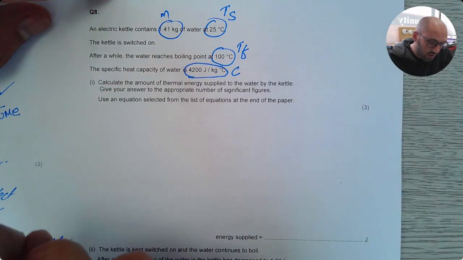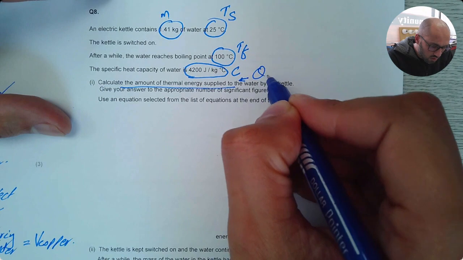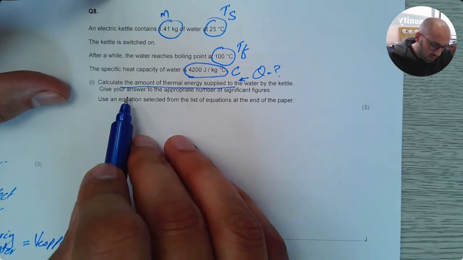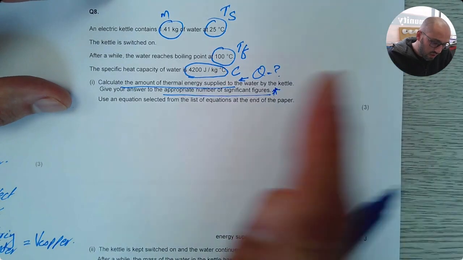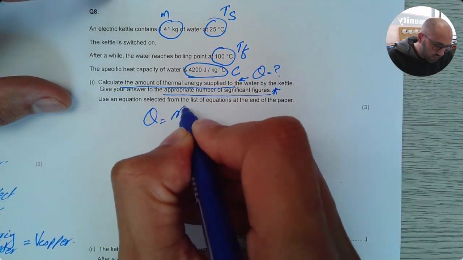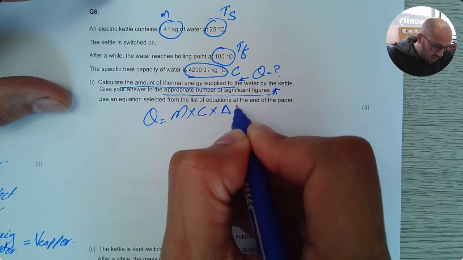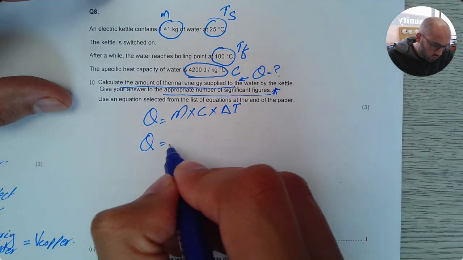Here it says calculate the amount of thermal energy supplied. This means Q is not known by the kettle. Give your answer to appropriate number of significant figures. You have to use the equation from the equation list. The equation is Q equals M times C times delta T. The value of Q is to be calculated. Value of M is 1.41.